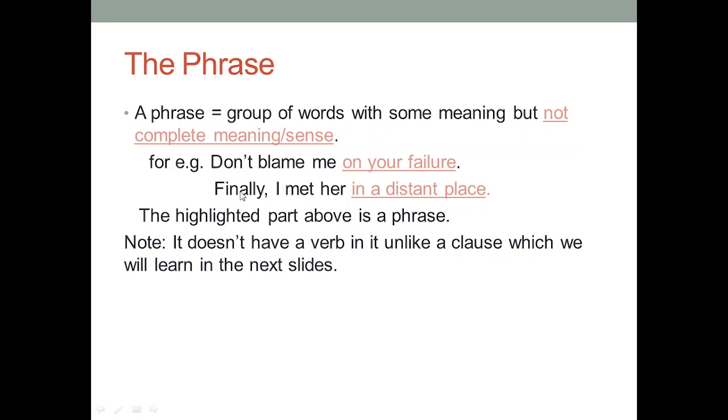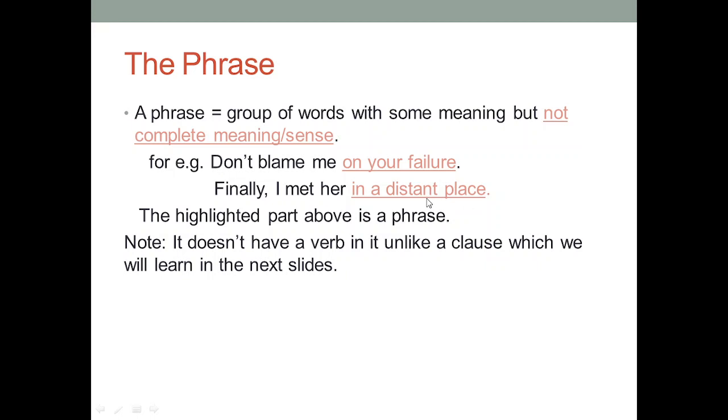Second example. Finally, I met her in a distant place. Again, this whole is a sentence, it makes complete sense, but the highlighted part, in a distant place, is talking about a distant place but not making any complete sense.